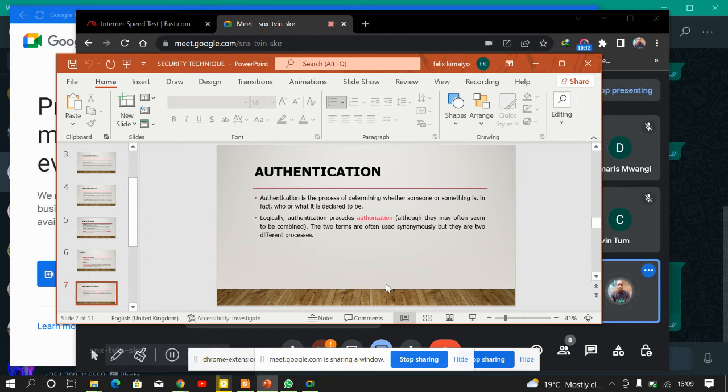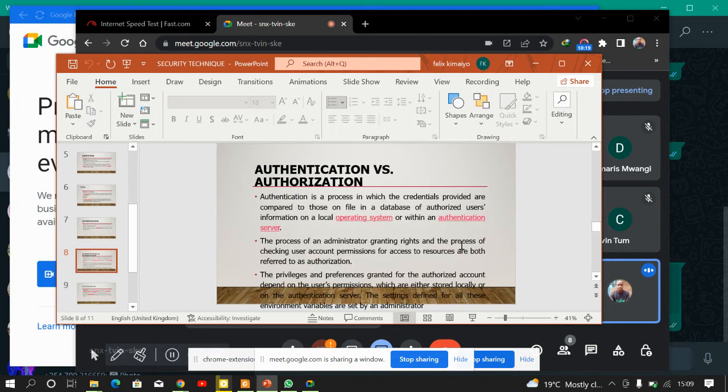These two terms are often used synonymously, but they are two different processes. Let's see the difference between authorization and authentication. Authentication is a process in which the credentials provided are compared to those on file in a database of authorized users, on the local operating system or within an authentication server.